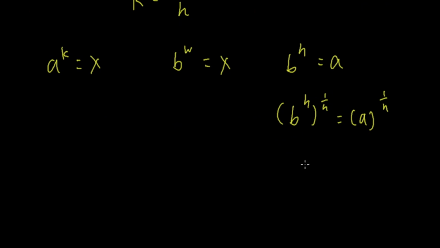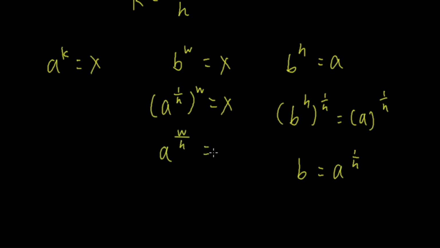Then h and h cancel out, we have b equals a to the power of 1 over h. Now we can replace b into this one here. So this one will become a to the power of 1 over h to the power of w is equal to x. So this will become a to the power of w over h is equal to x.